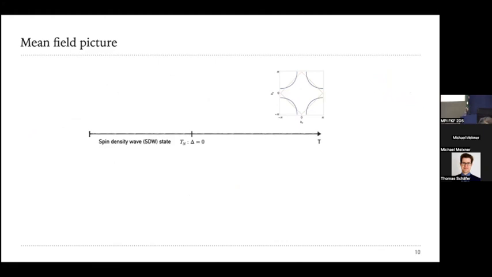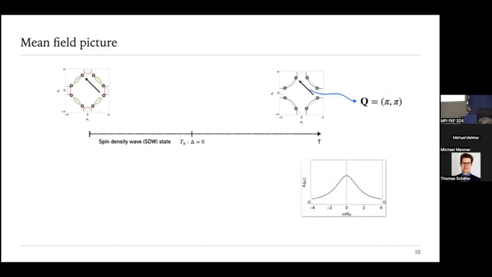So first, let's look at the mean field picture, how the spectral function behaves. I already mentioned the hotspots. As the SDW order onsets, this large Fermi surface will split into small electron and hole pockets, and these hotspots are gapped.